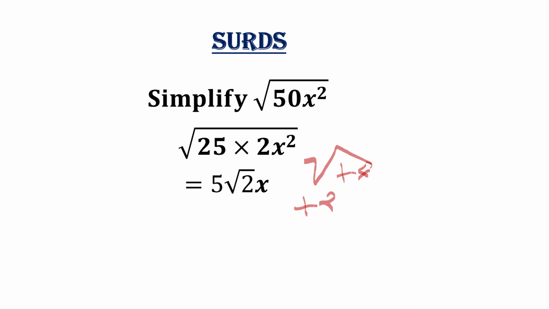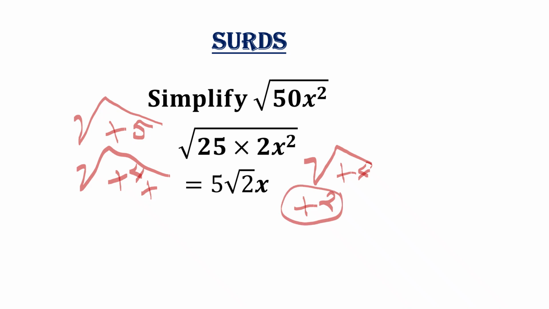Now, what if you have root x to the power of 5, for example? X to the power of 5 is x to the power of 4 times x, isn't it? Then root x to the power of 4 is x squared. So it's going to be x squared, and we don't know what root x is, so we'll just keep root x inside.